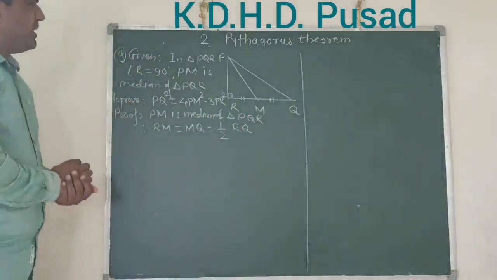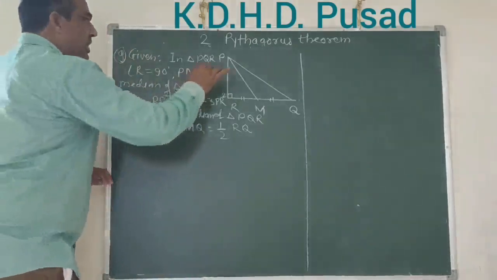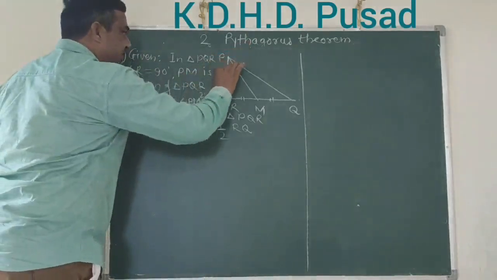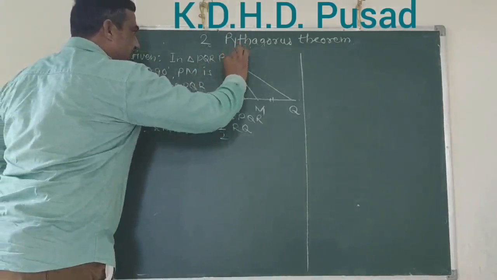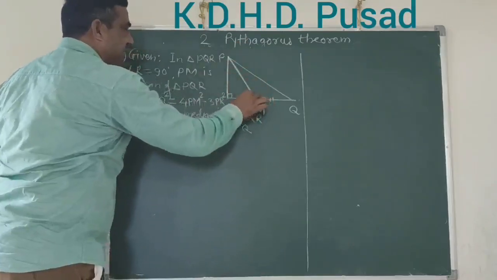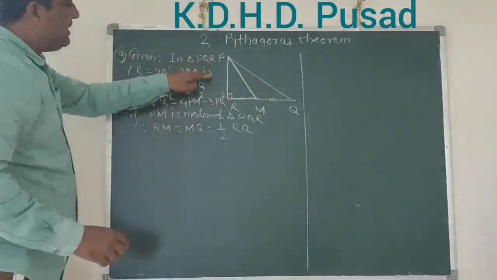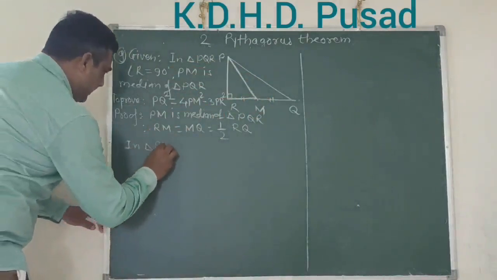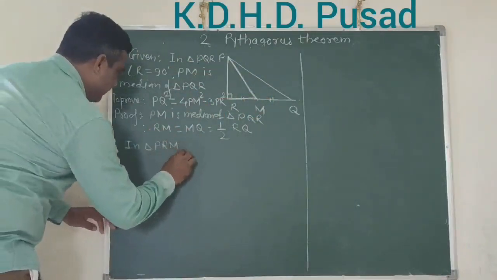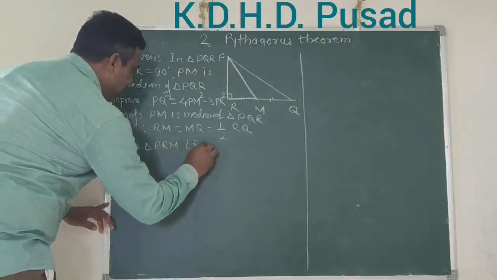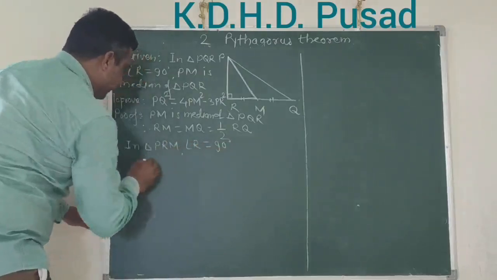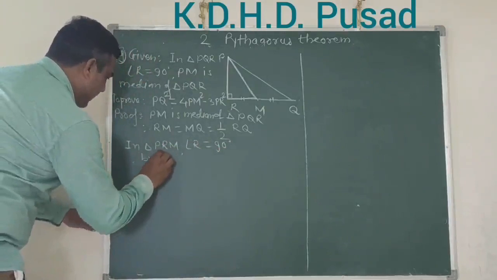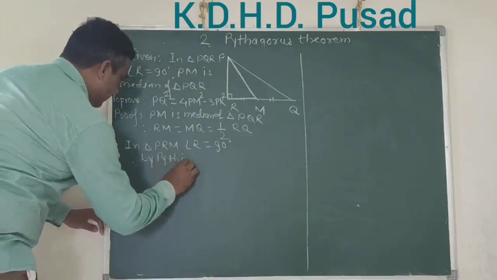That mentioned. Now check your diagram. First of all, we will consider this right angle triangle, triangle PRM. In triangle PRM, angle R equal to 90 degree. Therefore, by Pythagoras theorem.